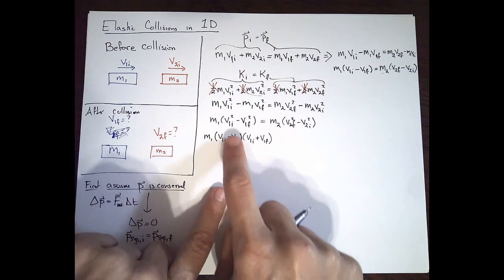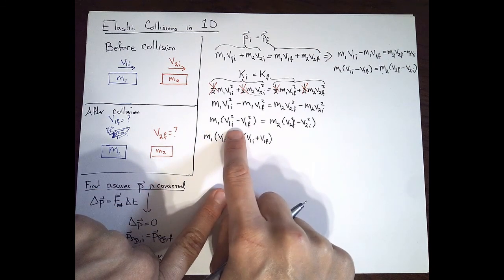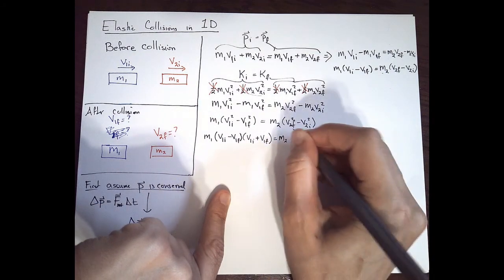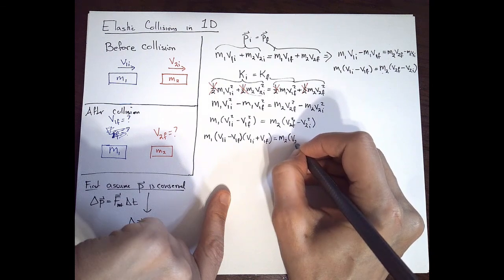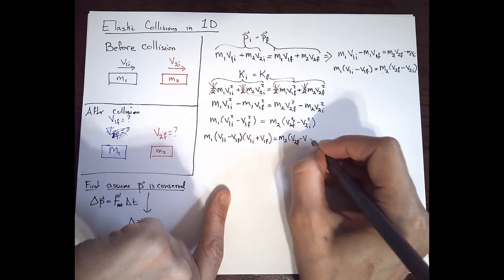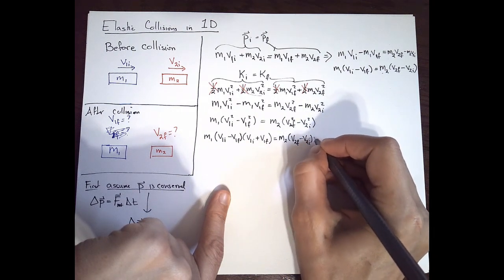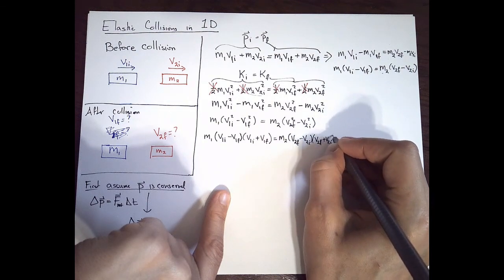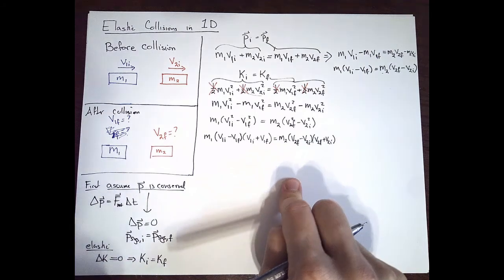So those will cancel. So this is how you factor this side of the equation. And the same thing will happen over here: I've got my v2 final minus my v2 initial, and then my v2 final plus my v2 initial. So we just factored this perfect square here.